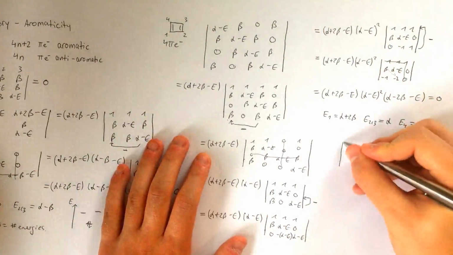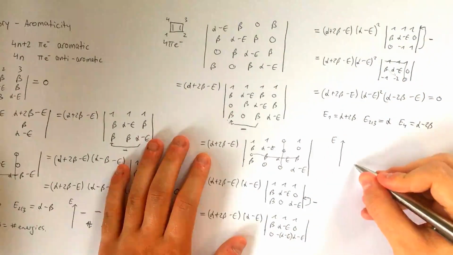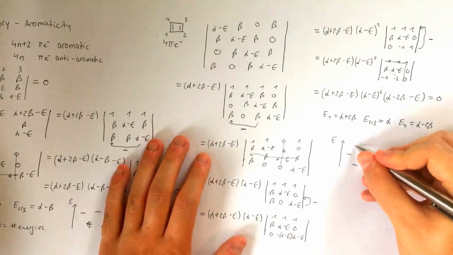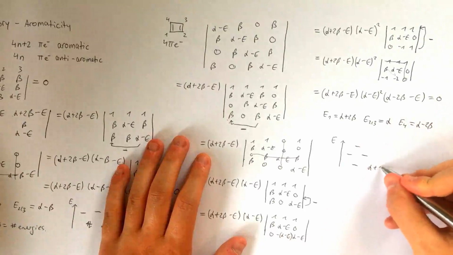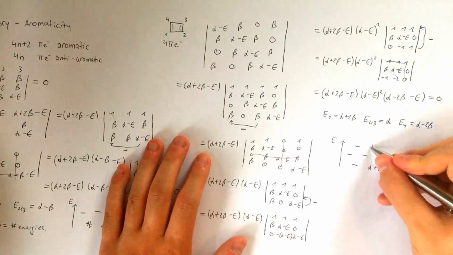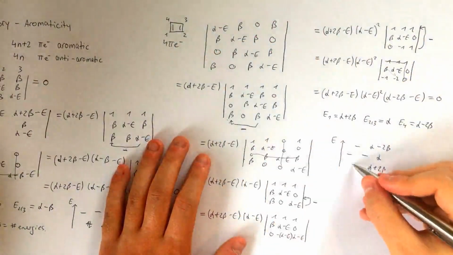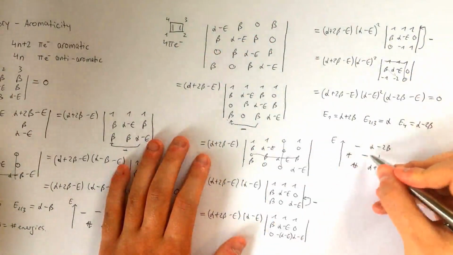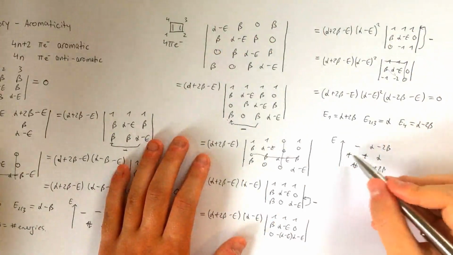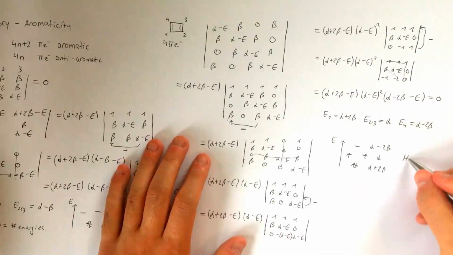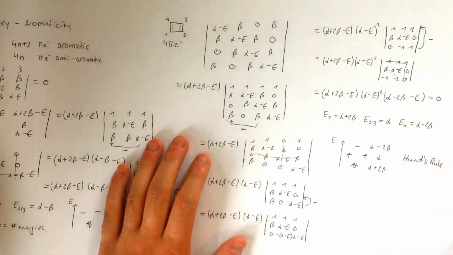If I draw an energy diagram now, it looks like this. Alpha plus 2 beta, alpha, alpha minus 2 beta, and we have 4 electrons, so I fill them in. And here I fill them in parallel according to Hund's rule.